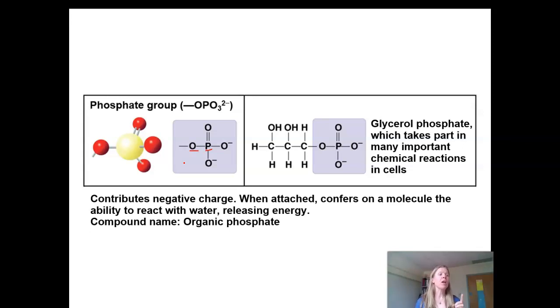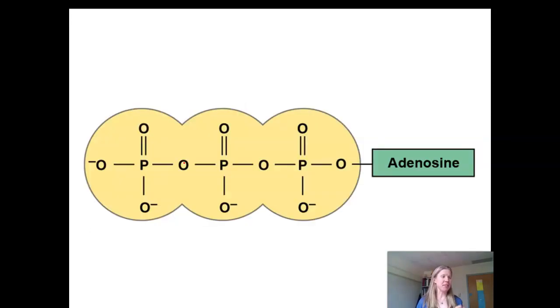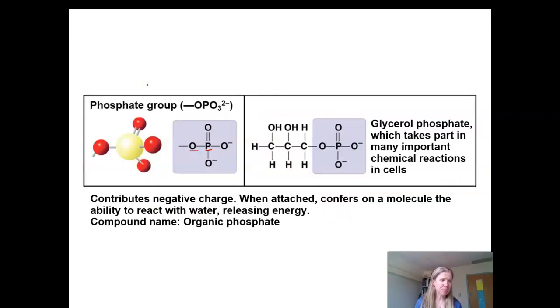So it becomes super important. The place you will absolutely see this the most is a molecule called ATP, adenosine triphosphate. There's 1, 2, 3. Adenosine triphosphate. This is a molecule that hopefully a lot of you guys remember as ATP.